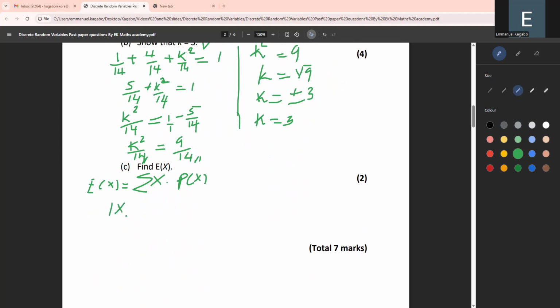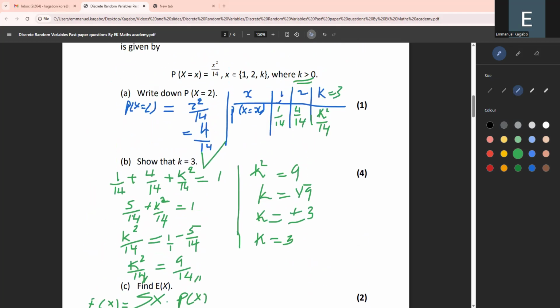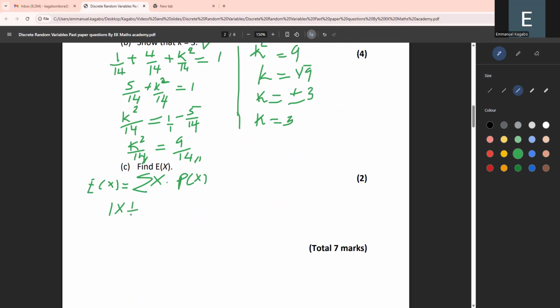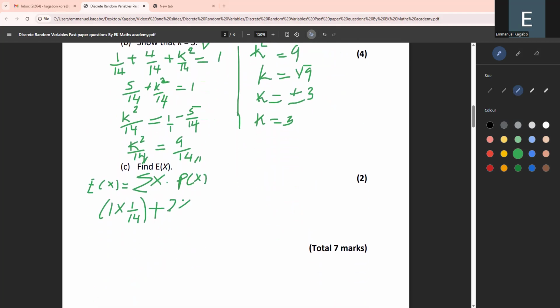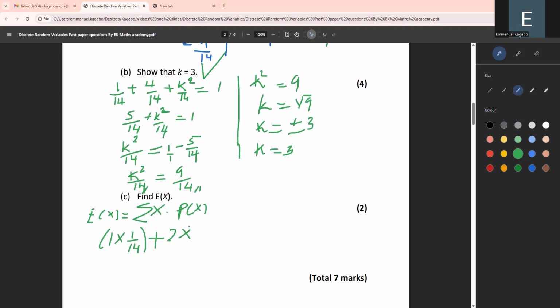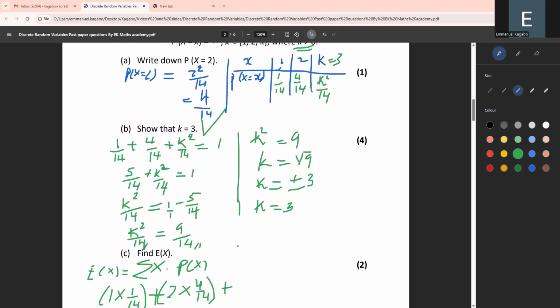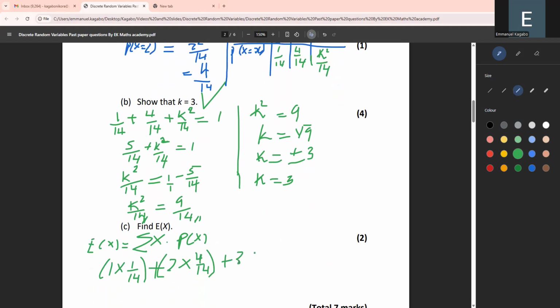1 times the corresponding probability is going to be 1 over 14. Okay, very good. Plus, the next value of x is 2. The corresponding probability of that was 4 out of 14. Okay, plus the next x value is 3, times the probability corresponding to that.